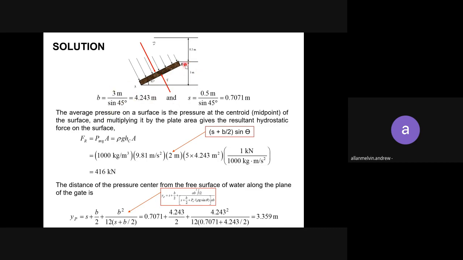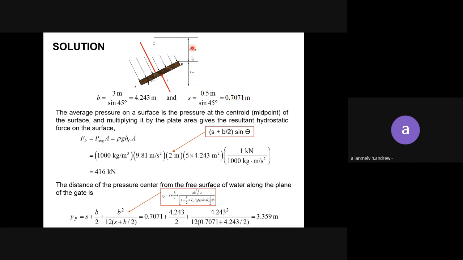And for S, you extend it backwards. S equals 0.5 divided by sine 45, the same. So from point B to the free surface, if you draw a straight line, the line of action, it is 0.7071.